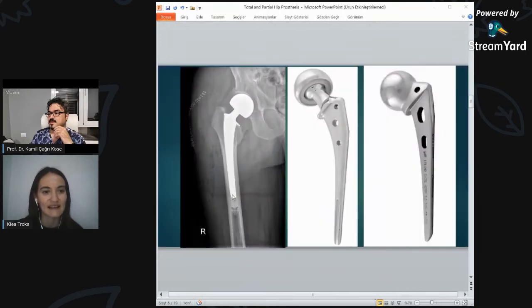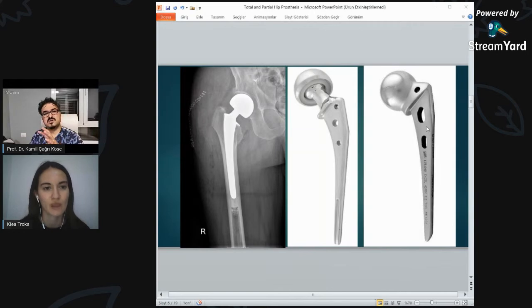Yes, good then. So here I wanted to demonstrate some types of partial hip prosthesis. On the right, this is the first type of partial hip prosthesis. In this one, the stem and the head are like monoblock, so there are no joints in the prosthesis, and this stem, this part, is inserted in the bone.